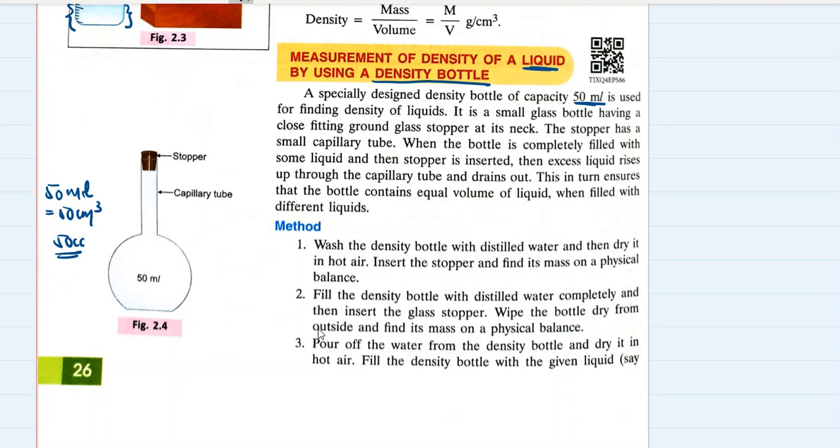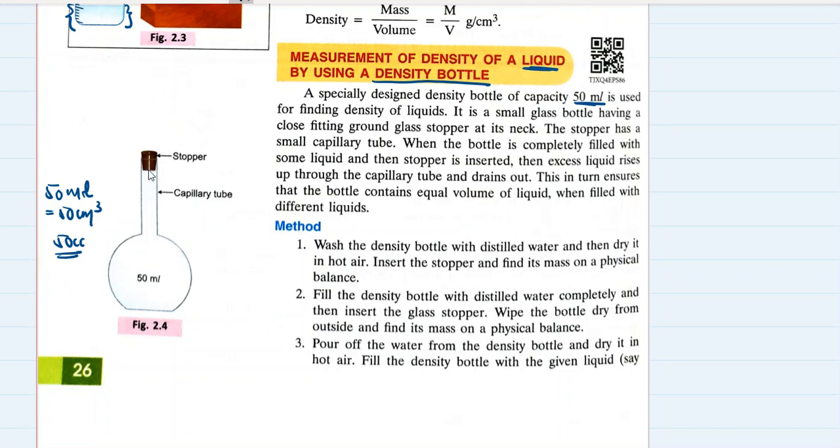So this is a small glass bottle having a close fitting glass stopper at its neck. I think it is a round glass stopper, not ground. The stopper has a small capillary tube.